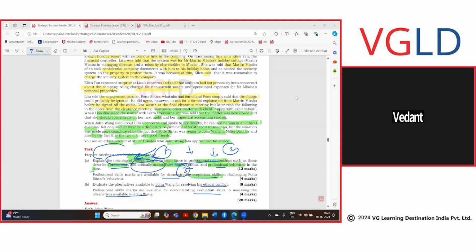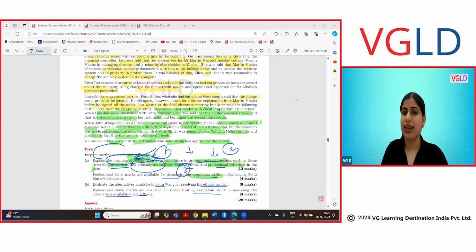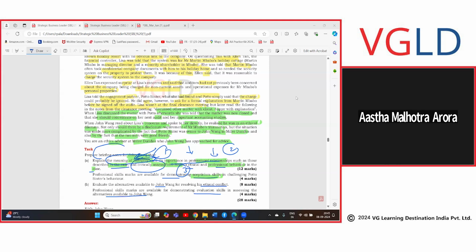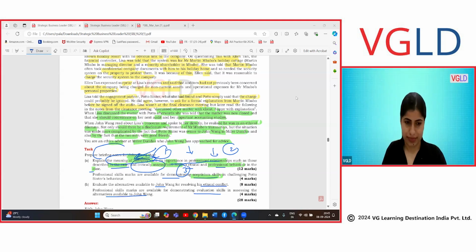So just to keep that relationship, we should not be dishonest, and we should maintain the integrity in terms of whatever we are reviewing. See, you are saying the right thing, but I want why it is important. As a professional, we should be unbiased and we should give a true and fair view of the financials. Correct, correct.